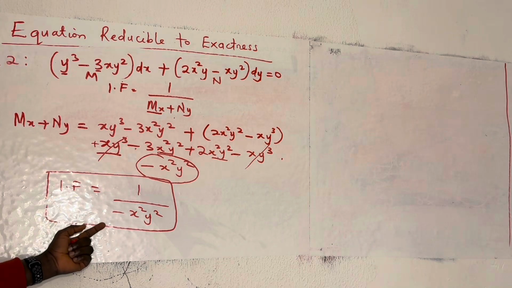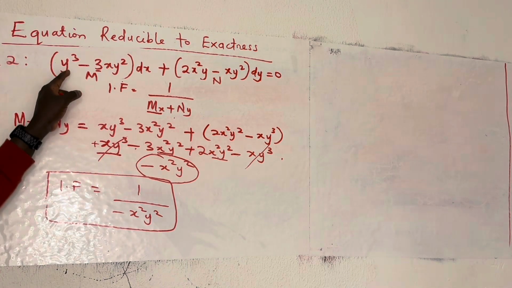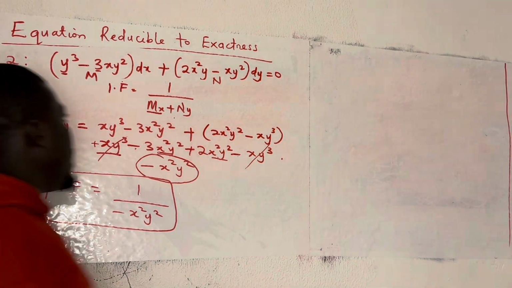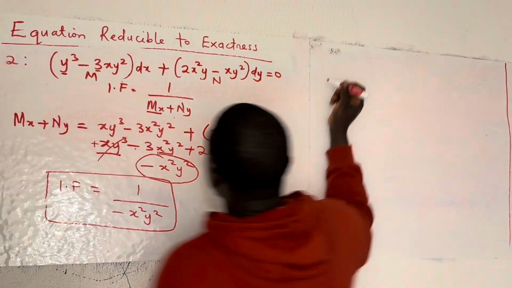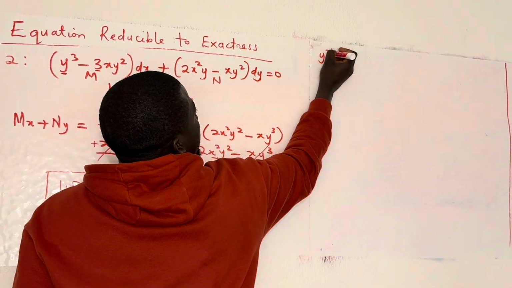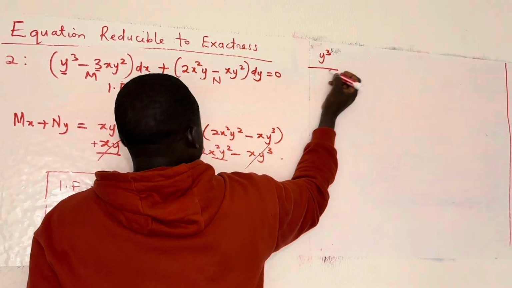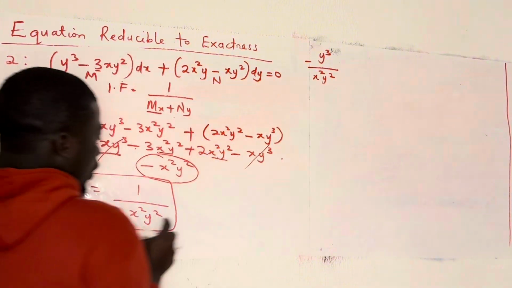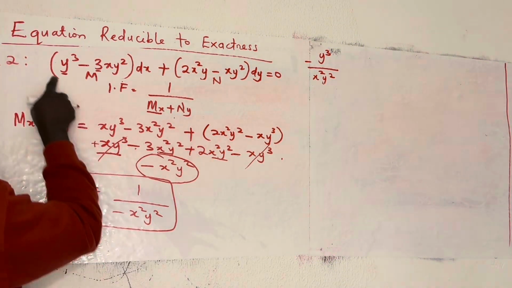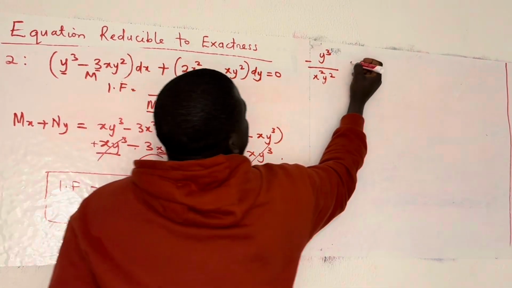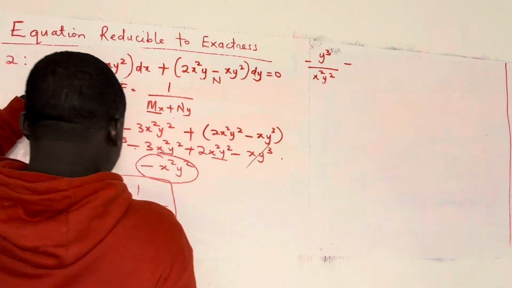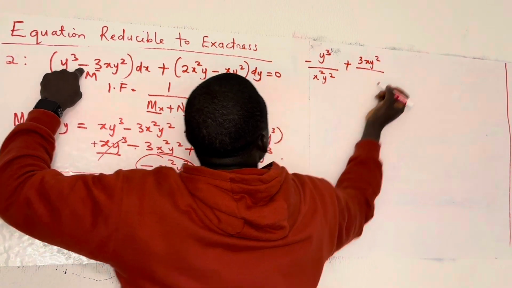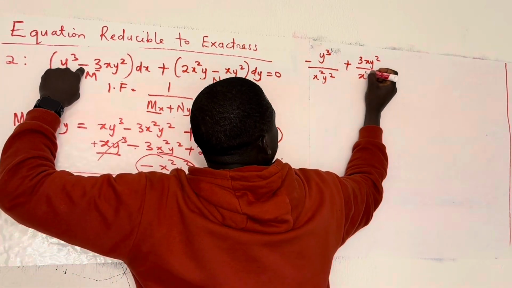So after getting your integrating factor, you use it to multiply each of these terms in the differential equation. And so that will give us y cubed divided by x squared y squared. I'm multiplying because this is 1 over the value. That's why it's dividing. Minus 3xy squared divided by x squared y squared.